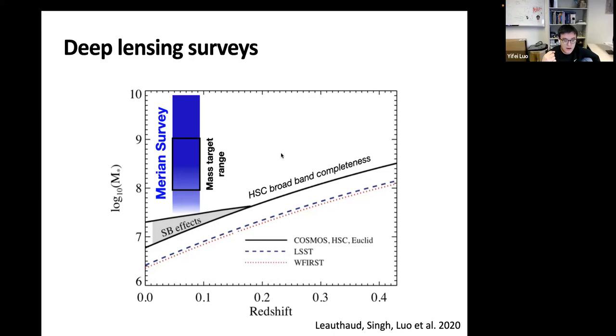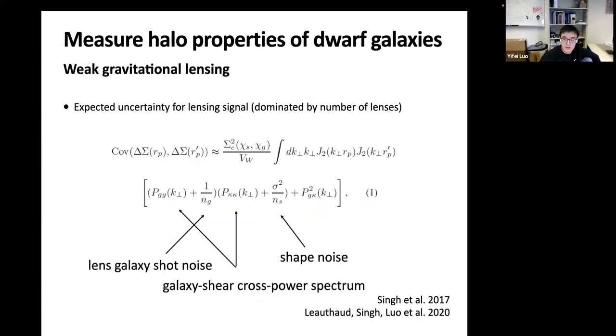Basically, how well can we measure their dwarf halo properties with this kind of sample, if we can get all the dwarf galaxies within this mass range for, say, some future surveys. So we started by estimating their weak lensing signal to noise.